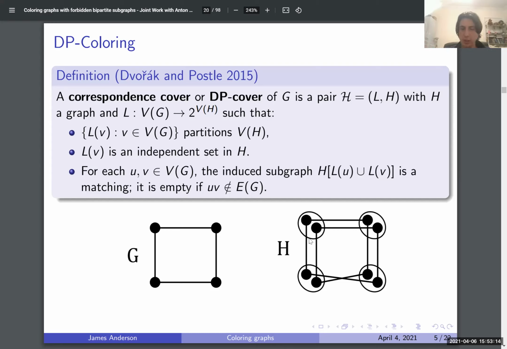And you can see that the lists, which are represented in these ovals, partition the vertices of H, and each set in one of these ovals is an independent set in H. And then between these independent sets, we get matchings. So each edge in G is replaced by a matching, and these other matchings are empty where they correspond to no edge in G.